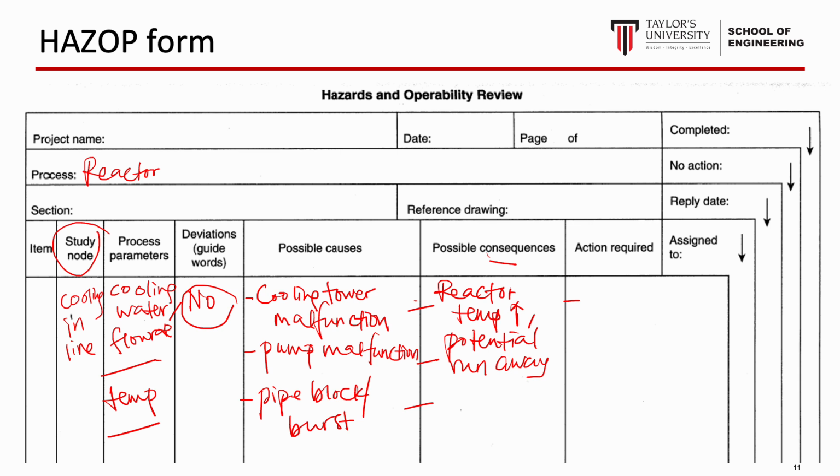And what are the actions that are needed? You may want to give a relief system. When you have high pressure vessels, because the temperature goes up, there's a potential runaway, at least you have a release system to safeguard it.